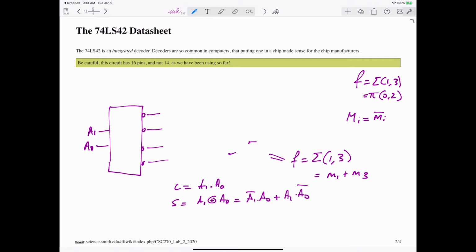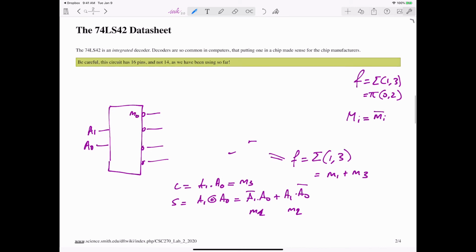That's min term 2, and that's min term 1. Sorry, A1, A0, that's min term 3. So we have min term 0 bar, min term 1 bar, min term 2 bar, min term 3 bar.